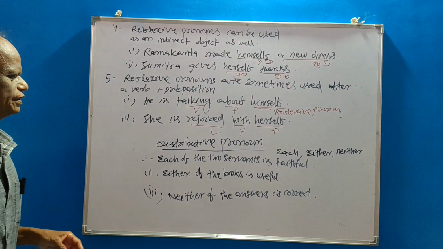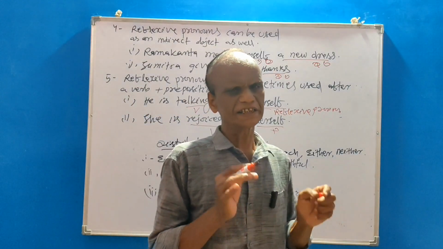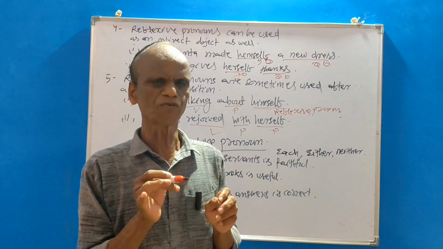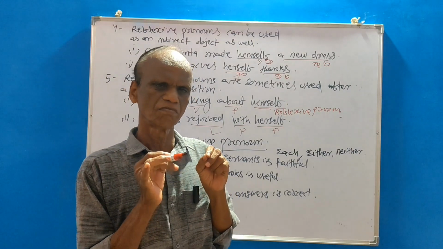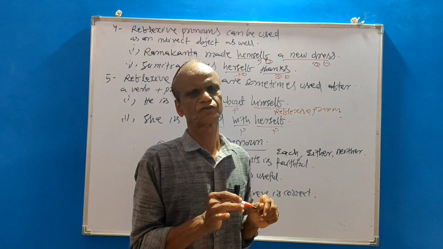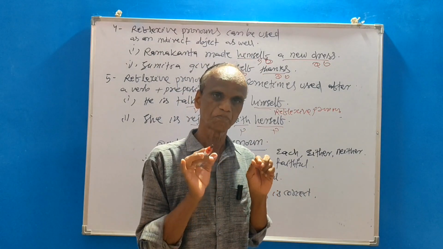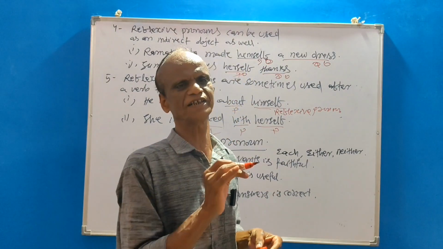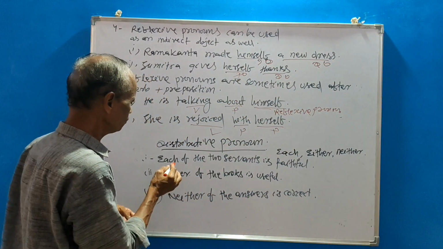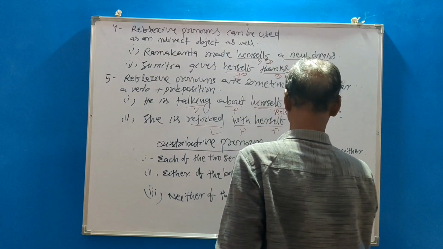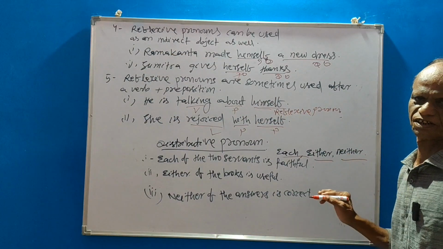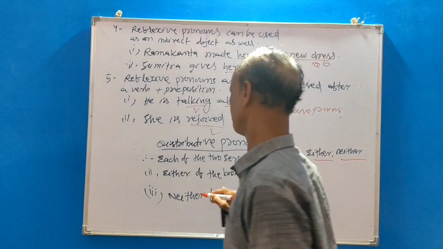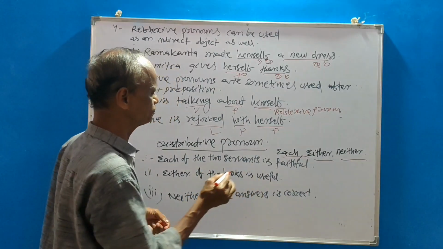Then comes distributive pronoun. What does it mean? Distributive pronouns refer to persons and things one at a time. That is known as distributive pronoun. For example, words like each, either, neither. These are the distributive pronouns. Examples: each of the two servants is faithful.